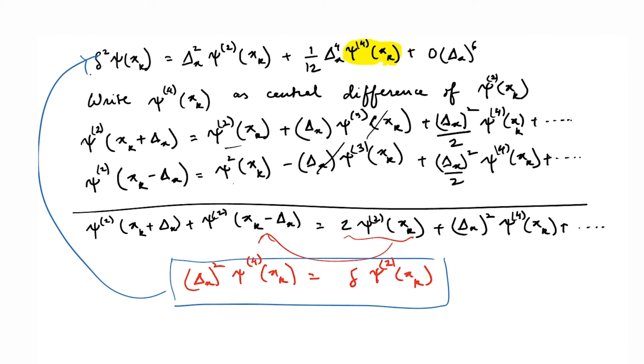So, I can call this my equation 4, and this my equation 3 prime. The next step, using 3 prime and 4, what we get is the following.